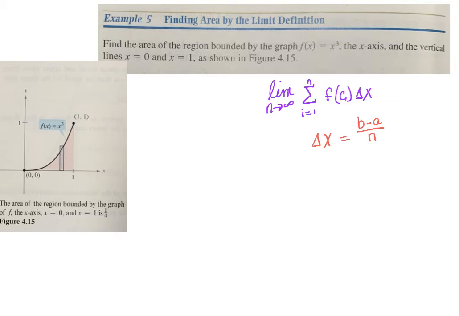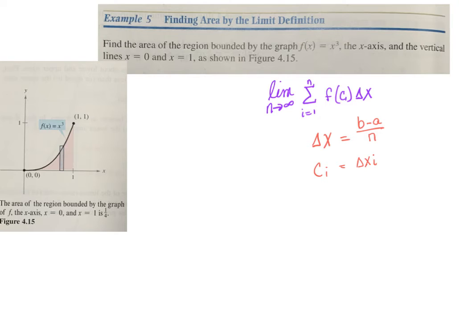C of i. So what we're going to actually plug in here basically ends up being my delta x times i. So whatever you have here, we're going to take him and multiply him by i.